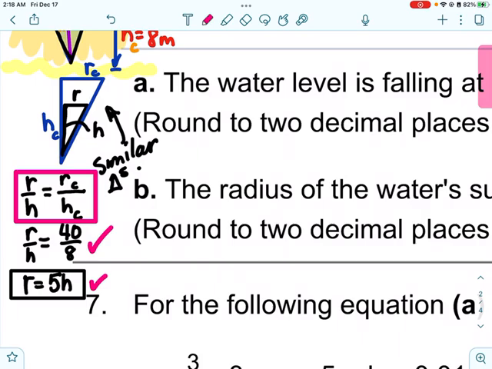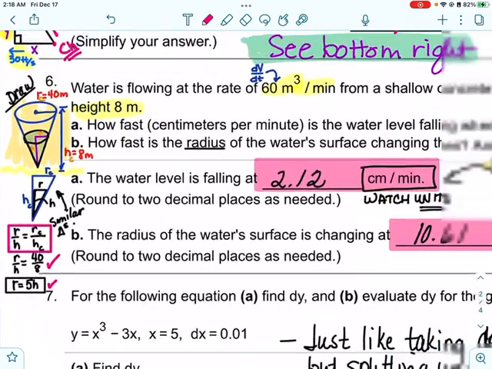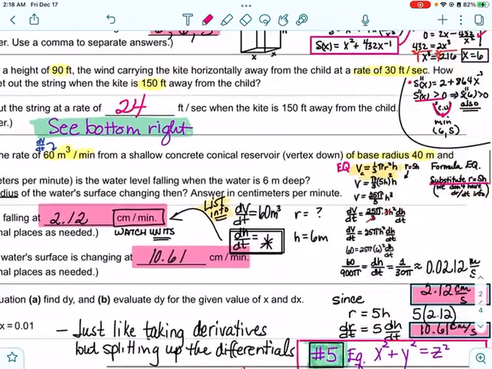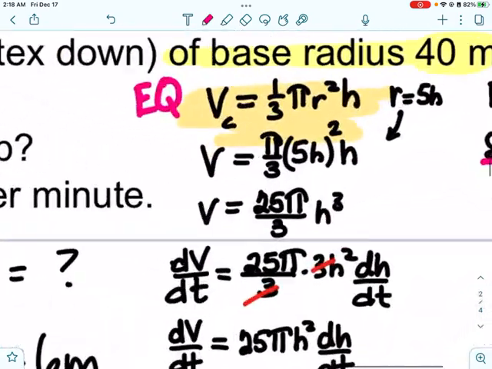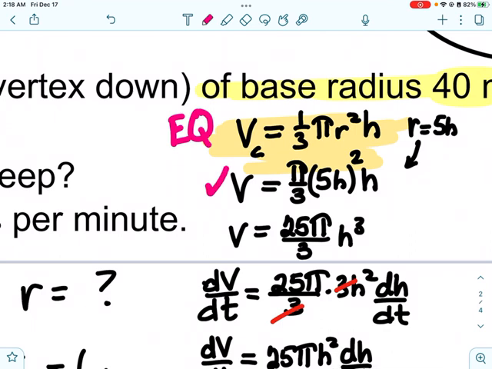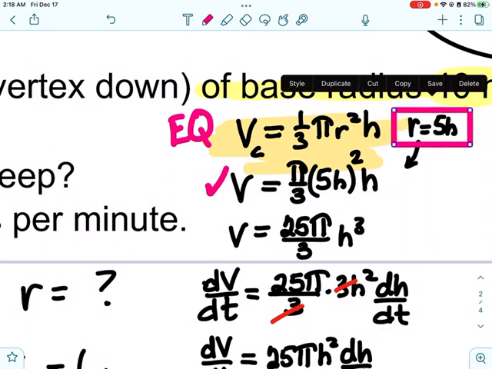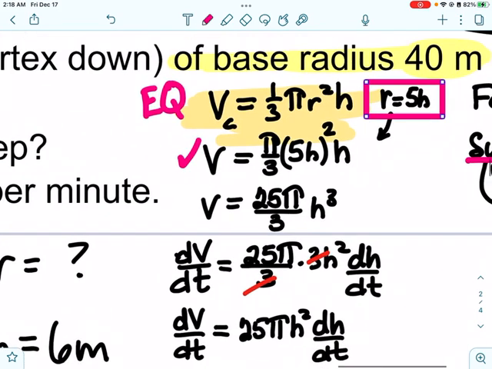And we're going to go back here. So here's my work. You can see here's my new volume equation. I plug in R is equal to 5H instead of having an R and an H in the equation. And then we multiply and we get the volume is equal to 25 pi over 3 H cubed. That is an easy equation to take the derivative of implicitly.